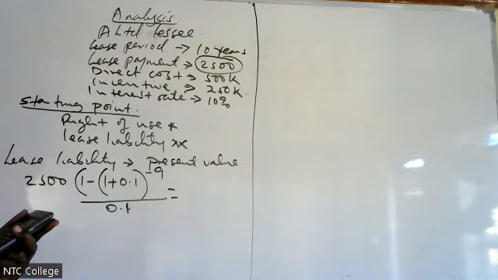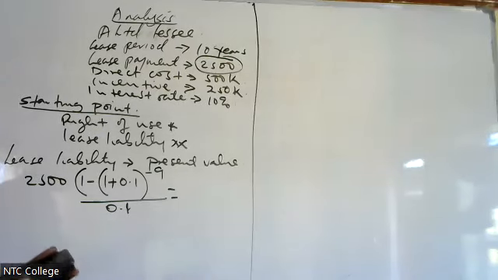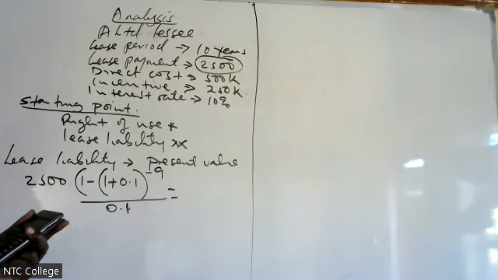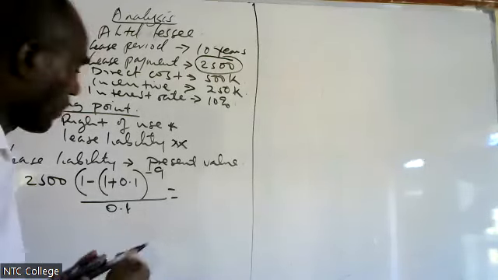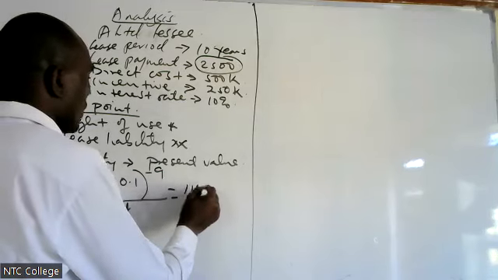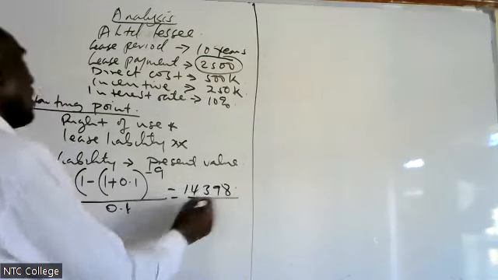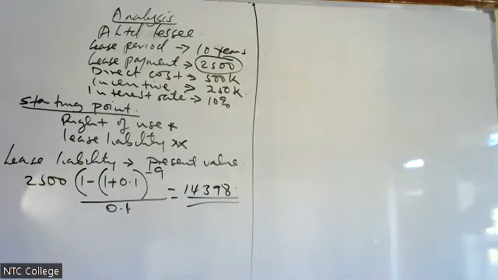The whole thing 1 minus answer, then answer divided by 0.1. I get 5.7 something, times 2,500. I'm getting 14,398, rounding off. Therefore, my lease liability is that amount.